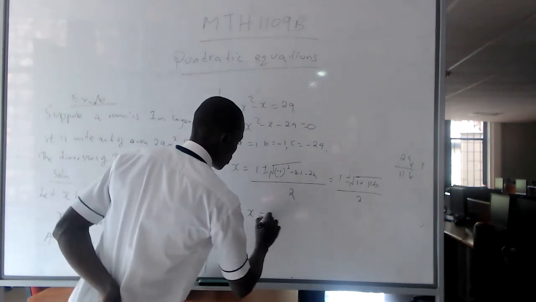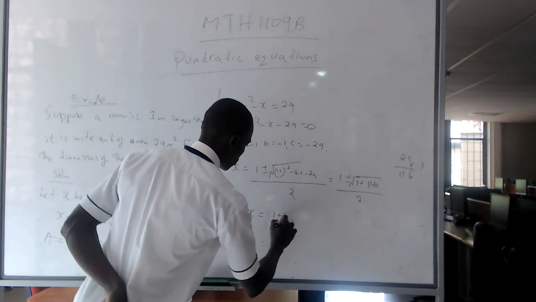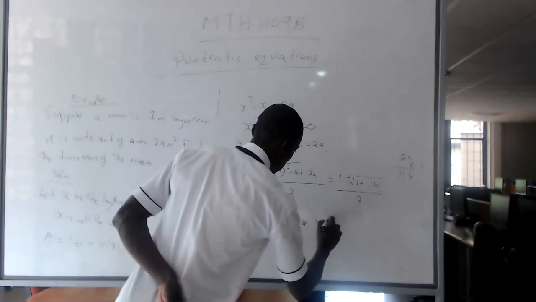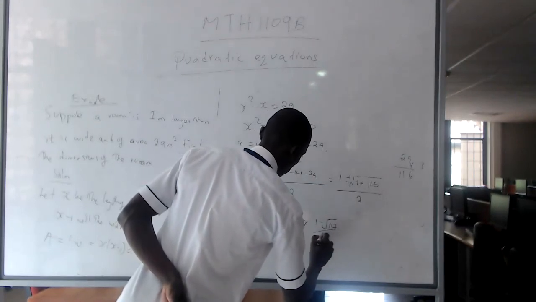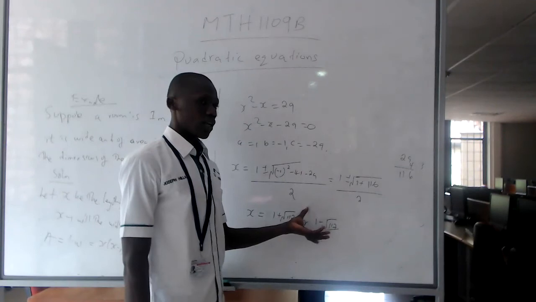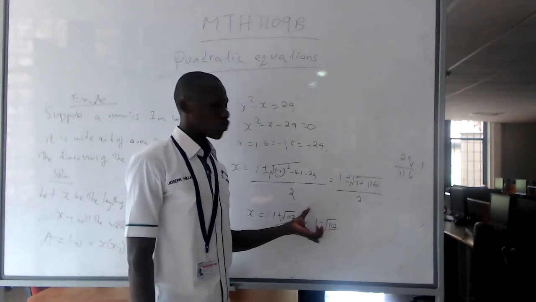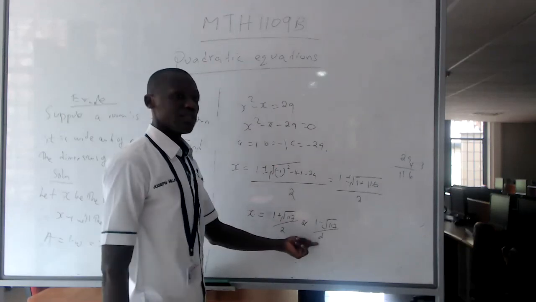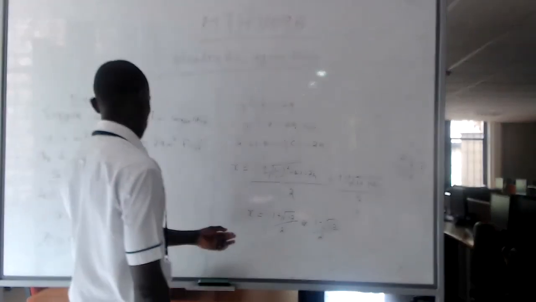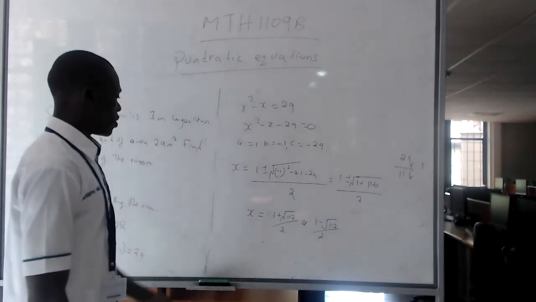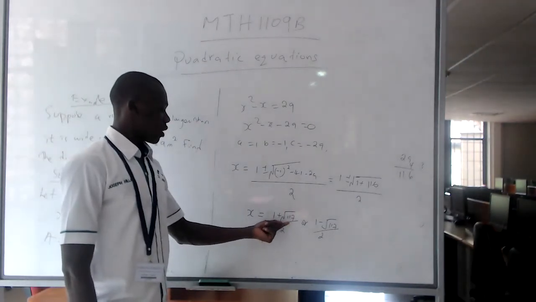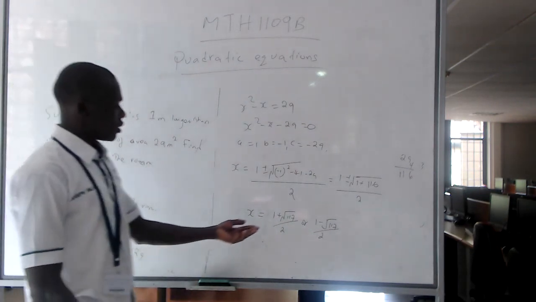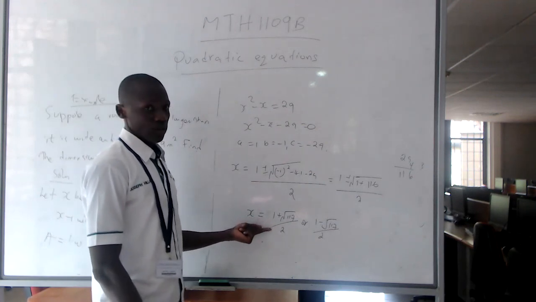Therefore, the solution will be 1 plus root 117 divided by 2, or 1 minus root 117 divided by 2. Clearly, the second term is negative, and length cannot be negative. So we will ignore it and take the first term. You cannot have a negative length.